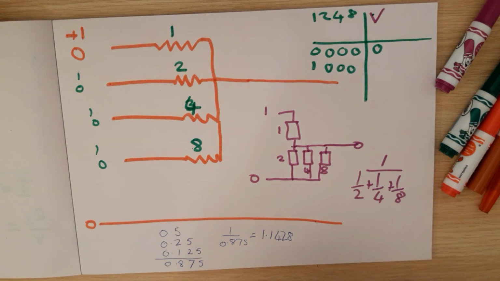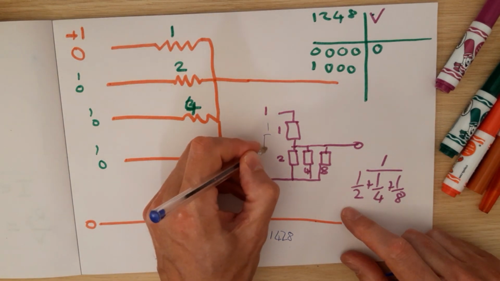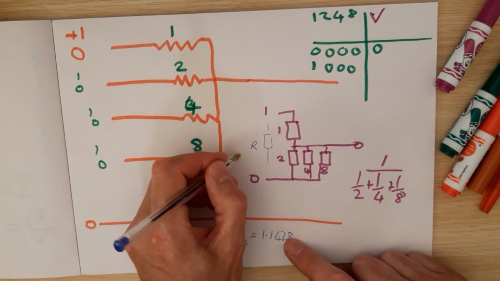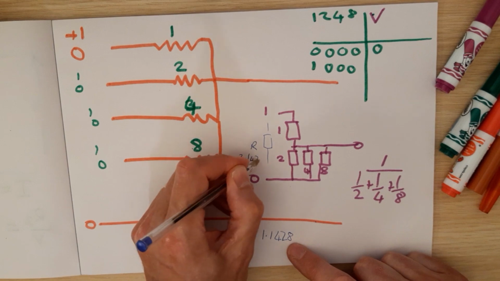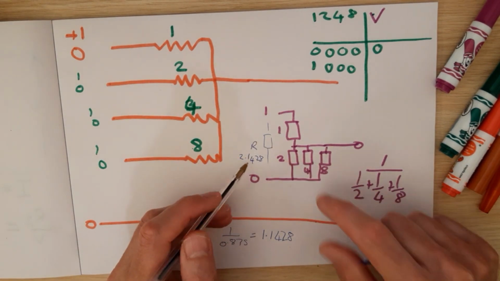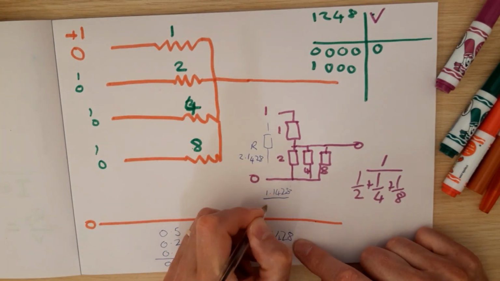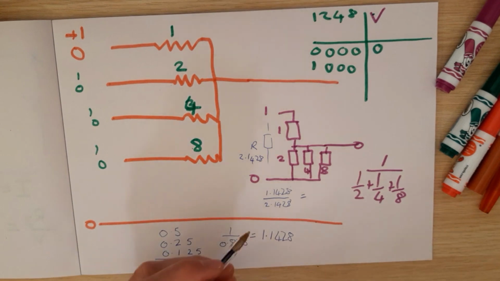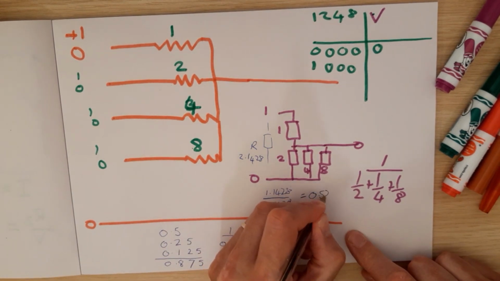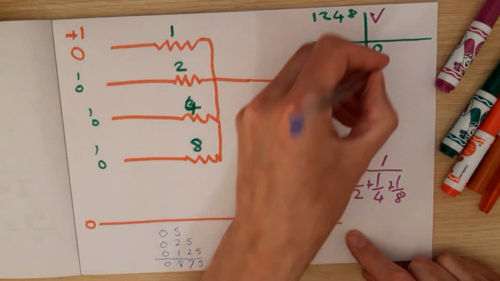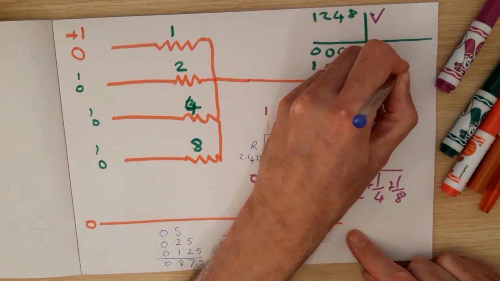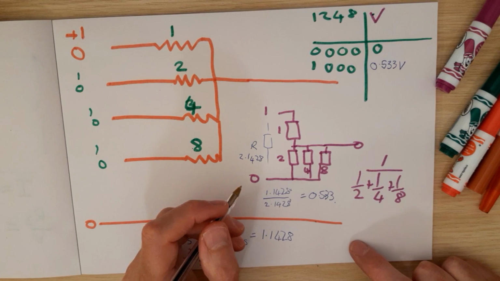So the total resistance R would be 2.1428. So that actually comes to 0.533 recurring. So that's 0.533 volts.